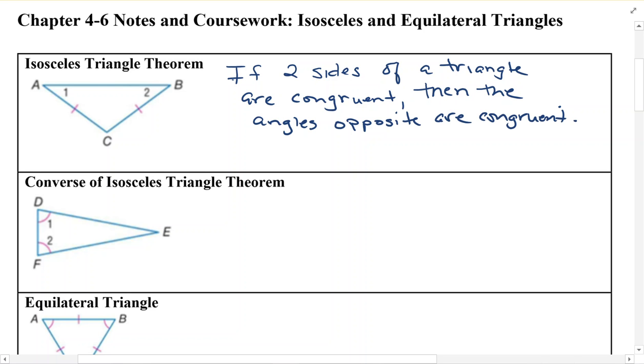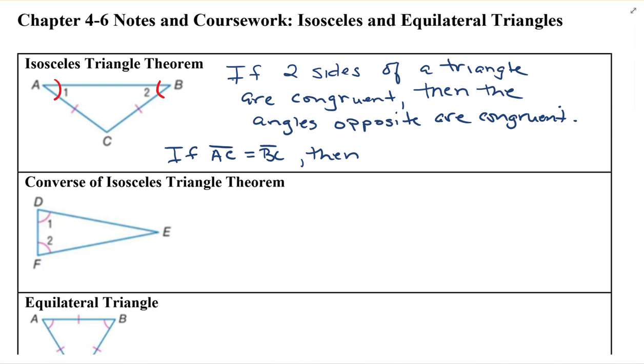So looking at this picture, what this theorem tells us is that if the sides AC and BC are congruent, then angle A has to be congruent to angle B.